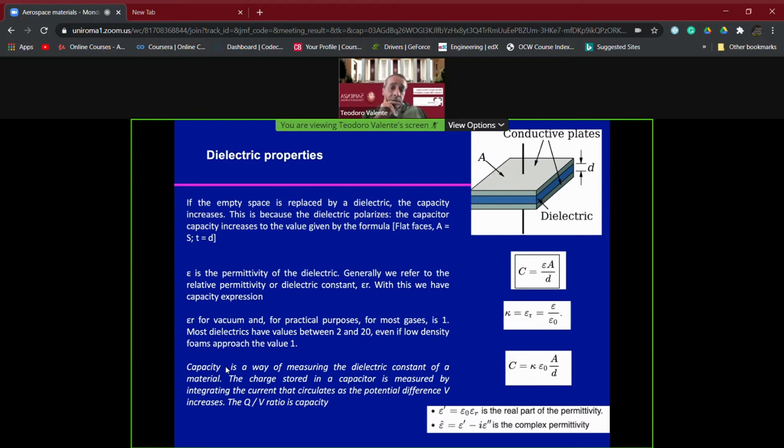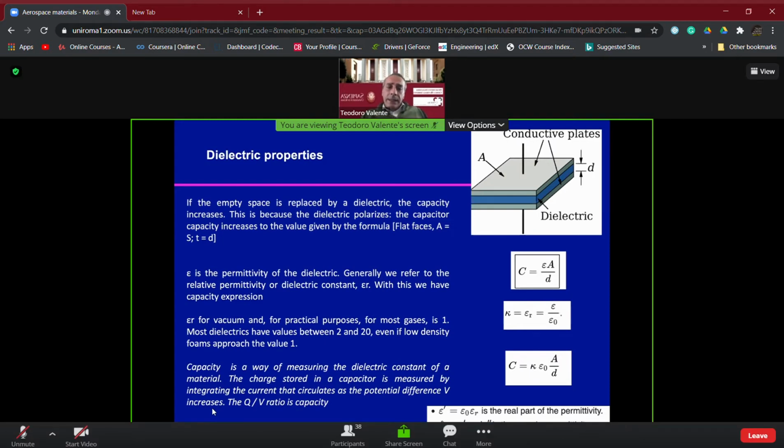Generally, to be a little bit more precise, when we talk about this, we refer to the relative permittivity, which is also called dielectric constant and which is named epsilon r, with the letter r added.